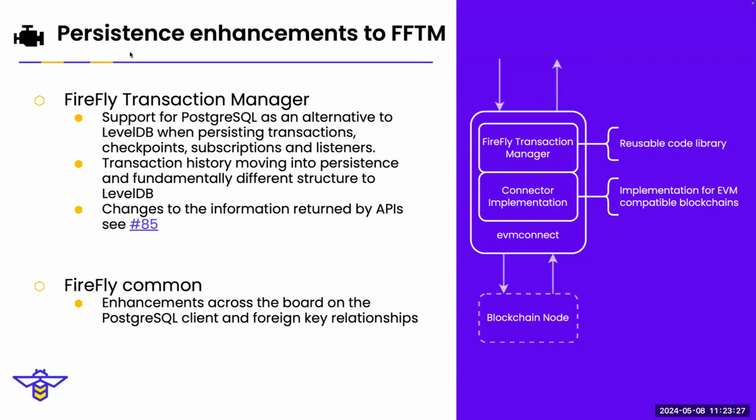And things like being able to diagnose it by seeing what's happening on the 10 steps of getting a transaction through, the transaction history bit of this. Things like having a much higher performance persistence layer for Postgres compared to LevelDB, which just couldn't cope with the types of queries that are needed. LevelDB is very high performance, but there are certain things it does really well and certain things it doesn't.